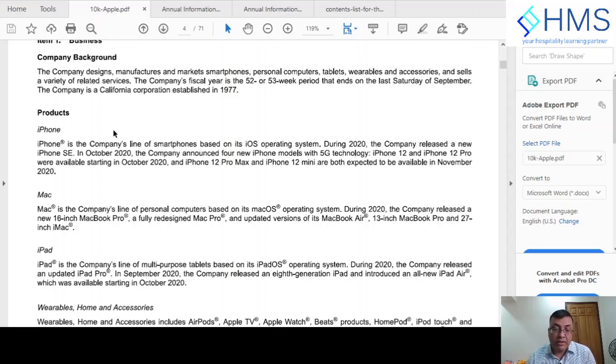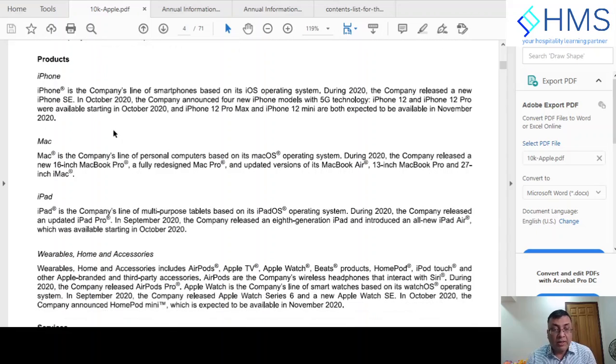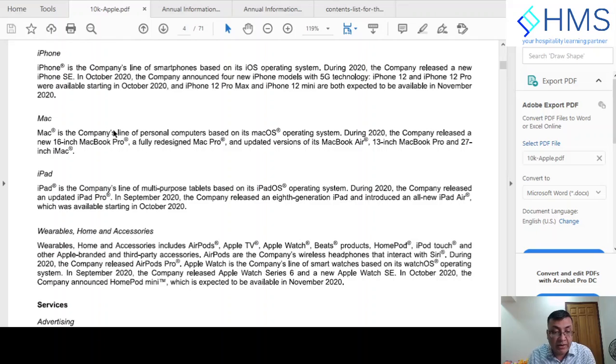The company has the products iPhone, Mac, iPad and wearables, along with when they were launched and recent information. iPhone 12 and iPhone 12 Pro were available starting October 2020, and the iPhone 12 Pro Max and iPhone 12 mini are both expected to be available in November 2020. They run on the iOS operating system.